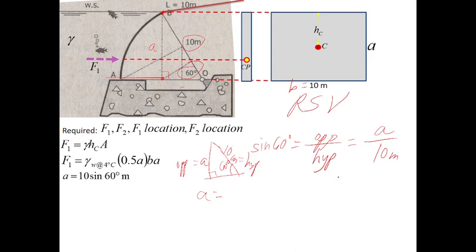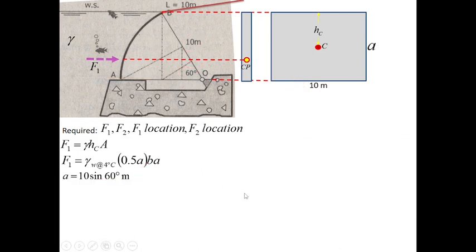So therefore, ang A natin ay 10 multiplied by sine 60 degrees, meters. Kaya nakuha yan. So we proceed. The unit weight of water is 9.81 kilonewton per cubic meter.